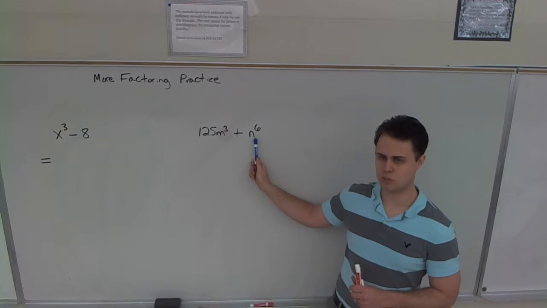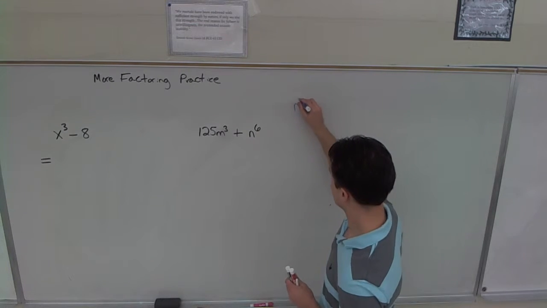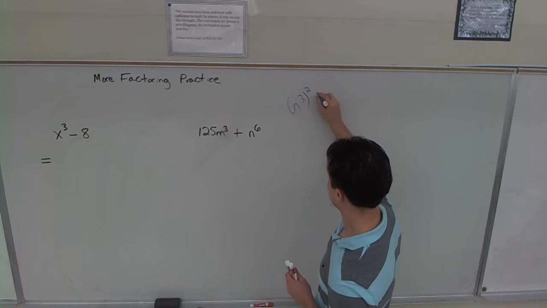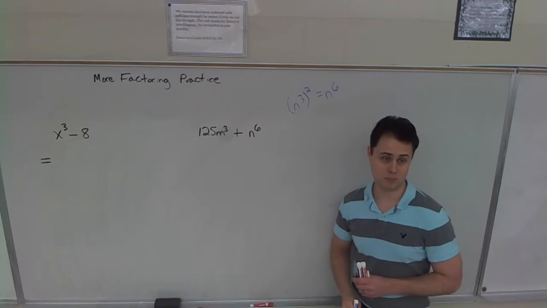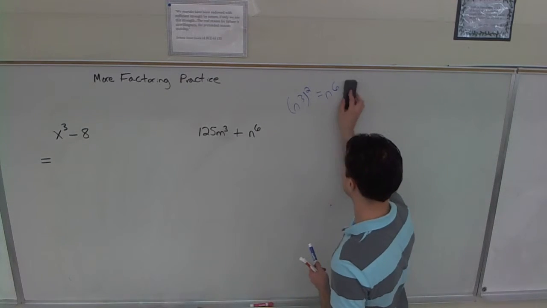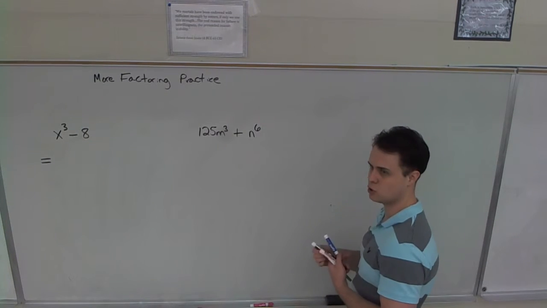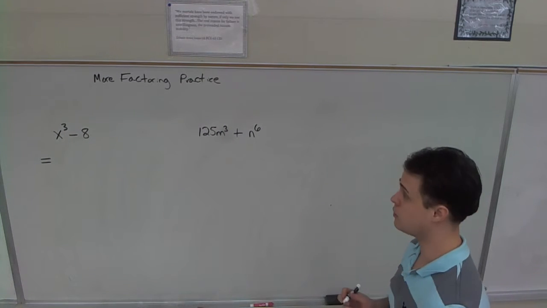This is also cubed. It's n cubed squared. Power to power says multiply exponents. That's also a cubic thing. So these two problems can be factored with what are called the sum or difference of cubes. Some very good stuff to know for Algebra 2, classes beyond that.